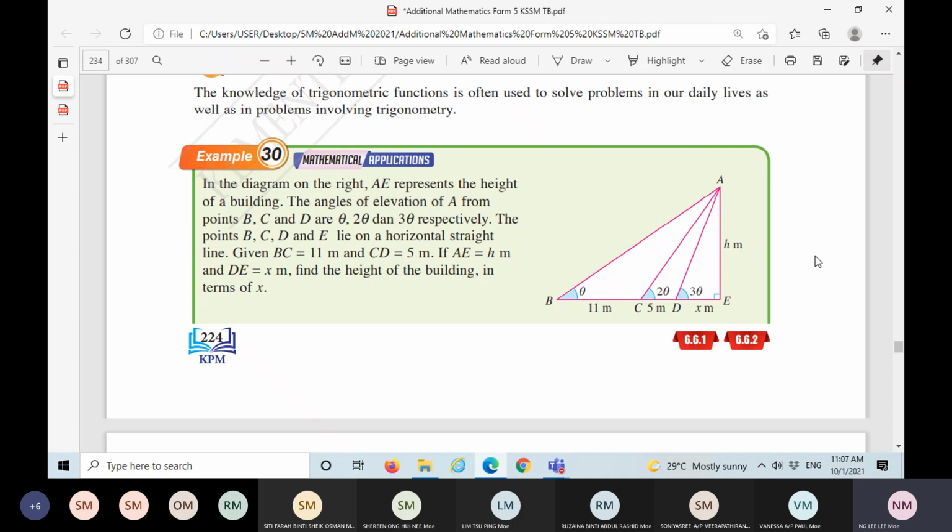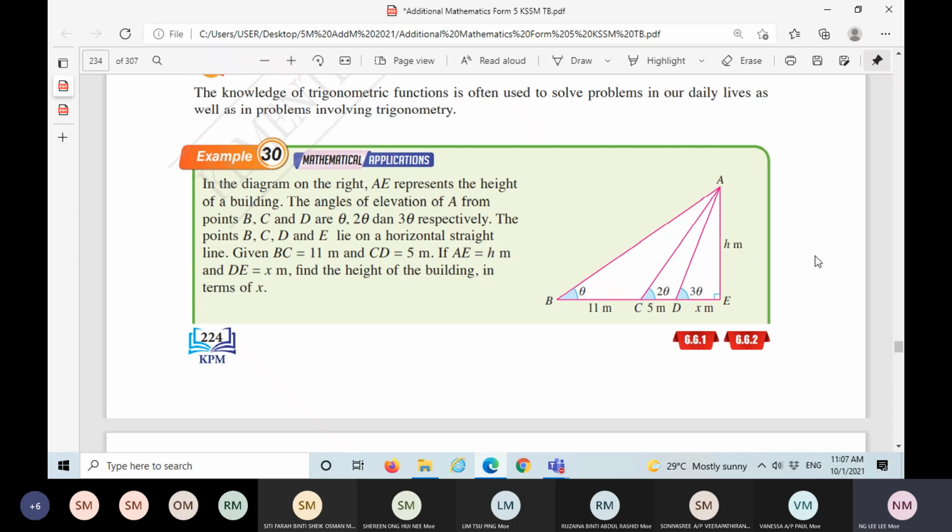AE represents the height of a building. You see the angle of elevation, this one you have learned during your, I think, Form 1 syllabus.